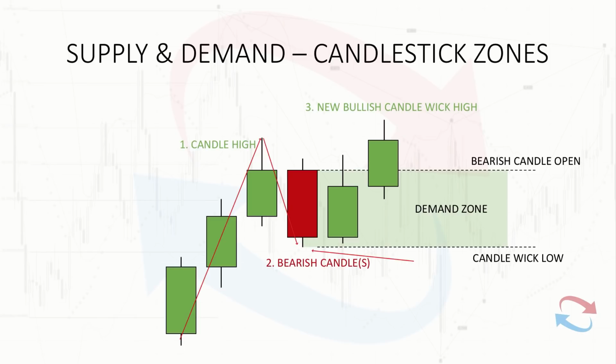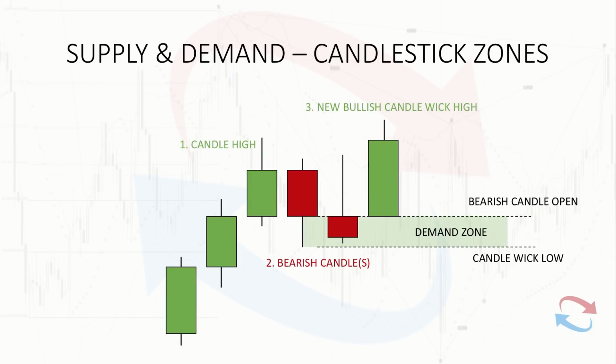And then as long as price makes a new close high or a candle wick high and it's a bullish candle, then we draw our demand zone from the bearish candle's open price to the wick low in the sequence.